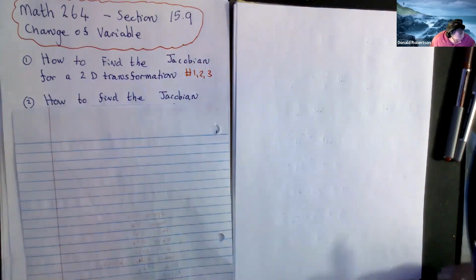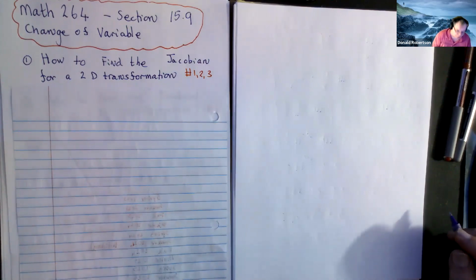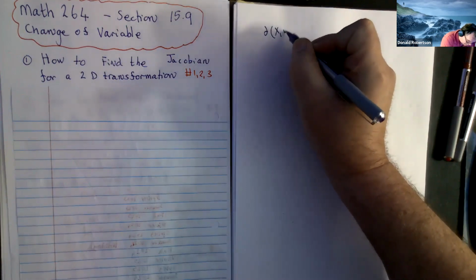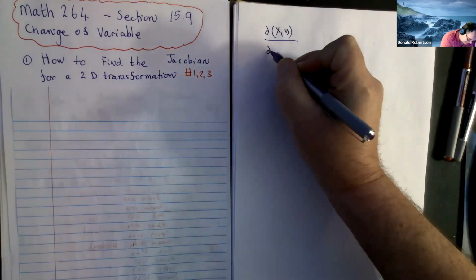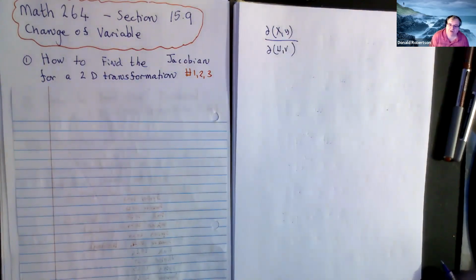It's going to be how to find what's called a Jacobian. The notation for a Jacobian looks like that. So if somebody says find that guy, that's his name.